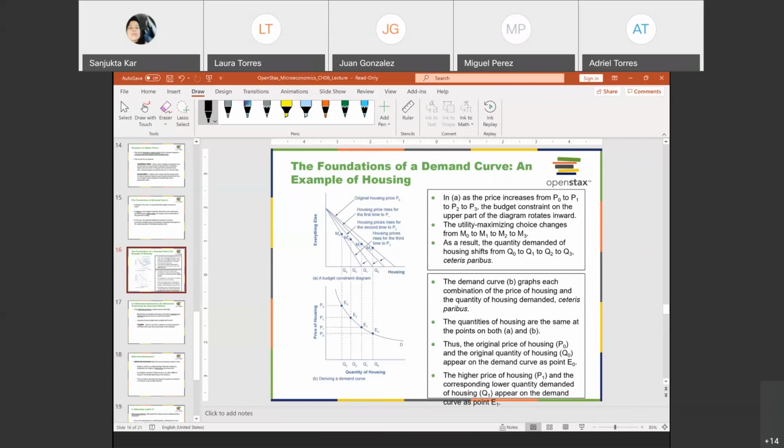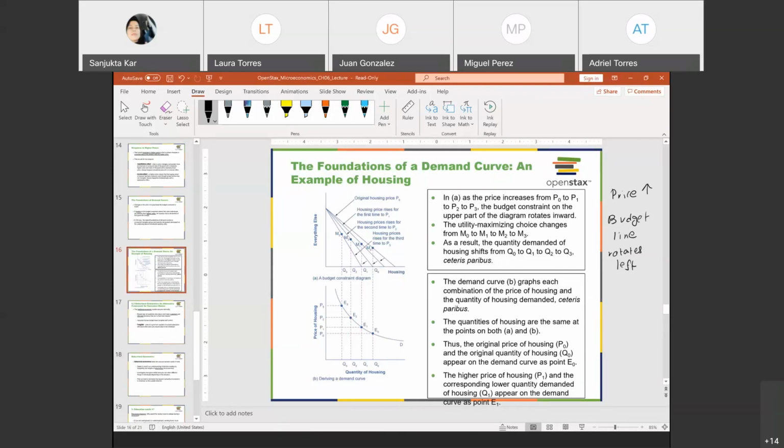It says as the price increases from P0 to P1 to P2 to P3. So what we did before, when the price increases, the budget line rotates to the left.